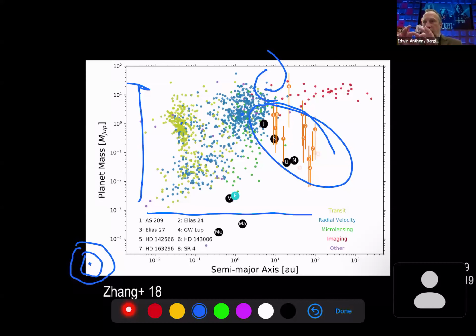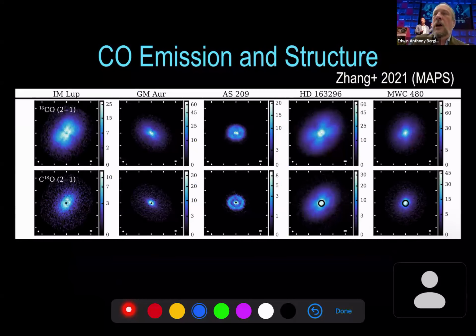And what's going on again is when you look at that structure in the dust, we interpret the regions where it's dark as being less dust. So a planet that's carving a gap will have less dust and also less gas. This is a similar set of observations, but now looking at it from the emission from the molecules.